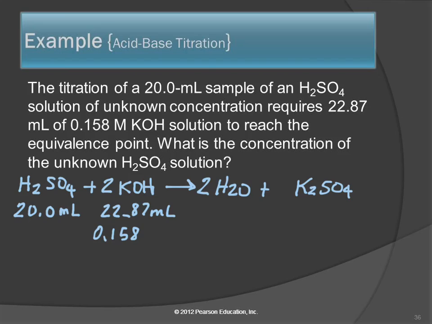So capital M, that means moles per liter. Don't write capital M. And then what is the concentration? So the question here is question mark moles per liter of the sulfuric acid solution. That's what we're trying to find.